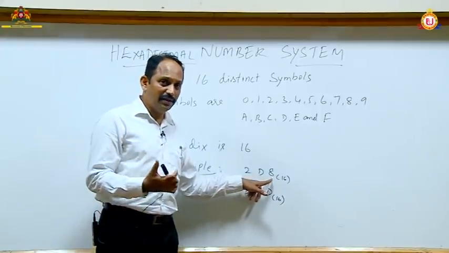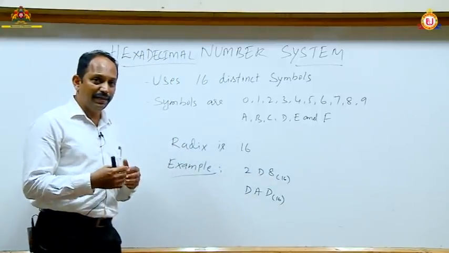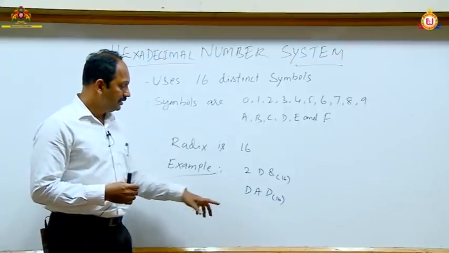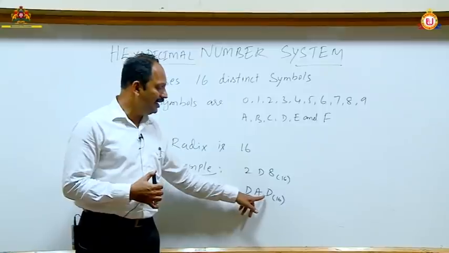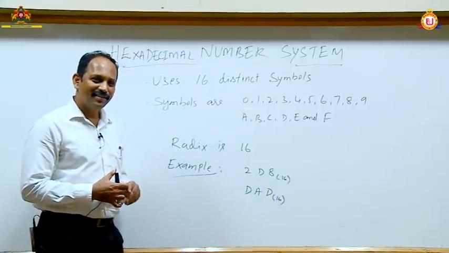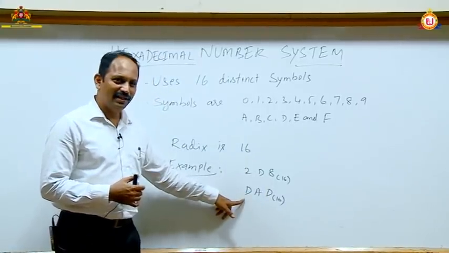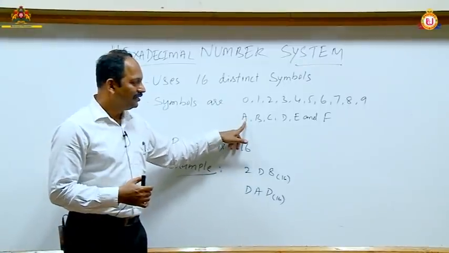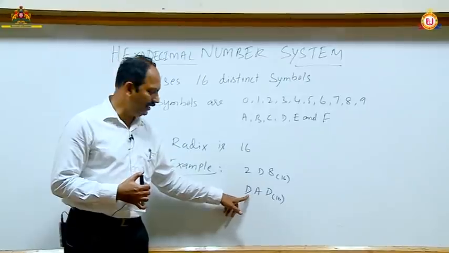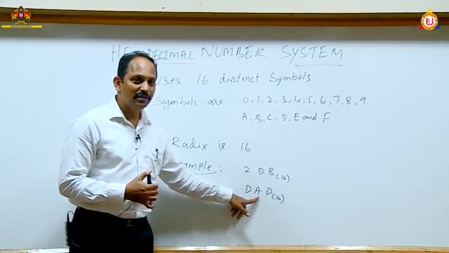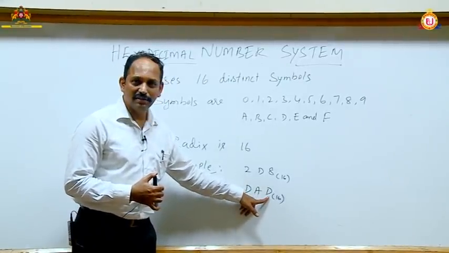See, some hexadecimal numbers will be represented using purely alphabets. The second example is, say, DAD. So what is the D value? The D value is, as you can see, 10, 11, 12, 13. D value is 13. What is the A value? It is 10. D value is 13.